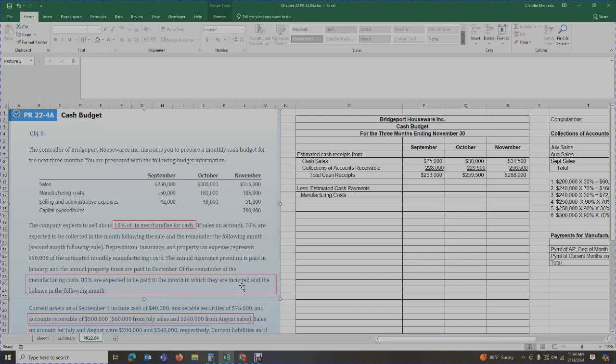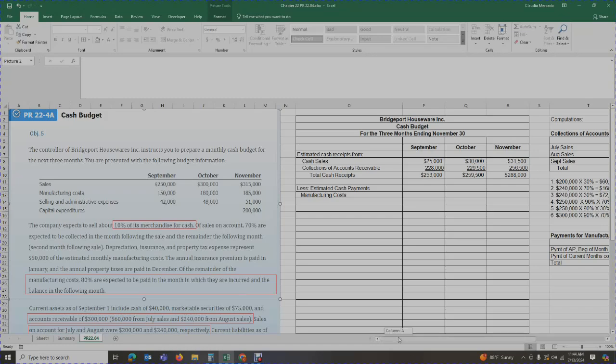So we're going to have to calculate our manufacturing costs less our overhead, and then whatever balance we have left over, that's going to account for our actual manufacturing cost. 80% of that is going to be allocated to the current month, and then 20% the month after. So we have to break it out into two.